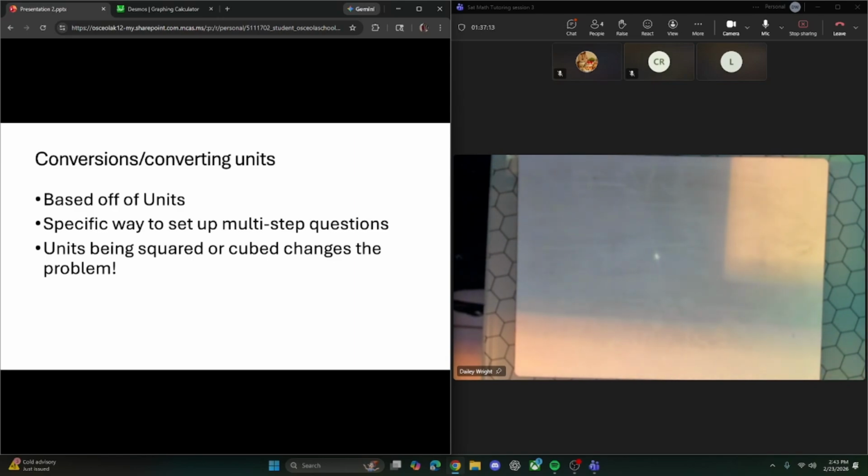Units being squared or cubed changes the problem dramatically.